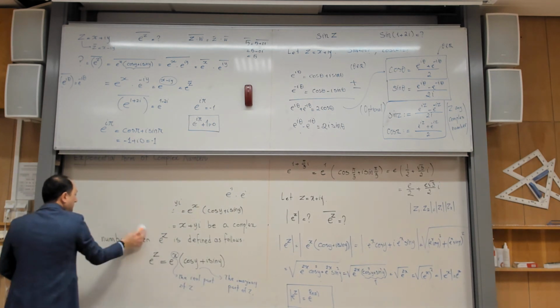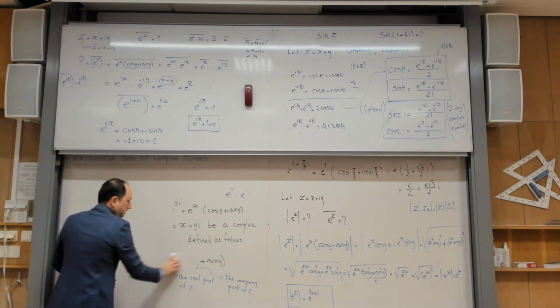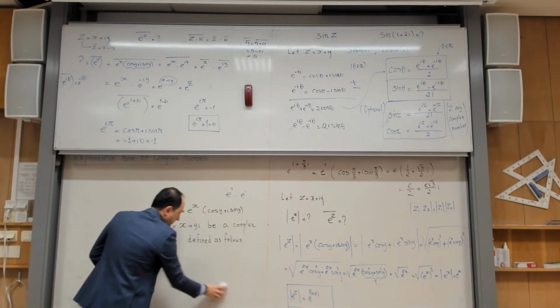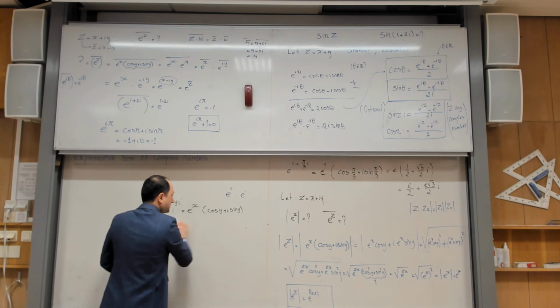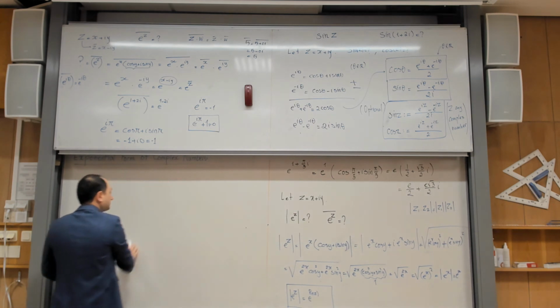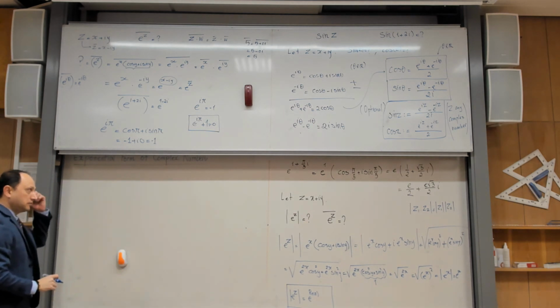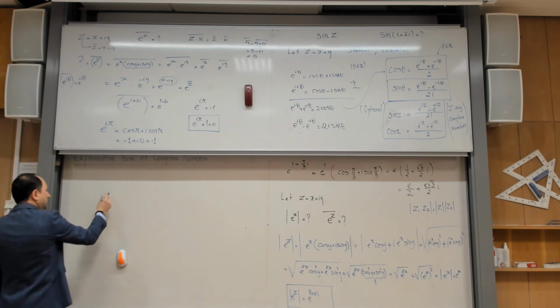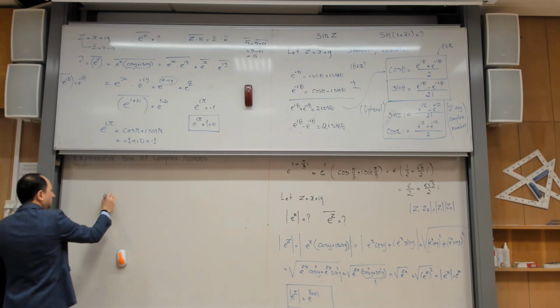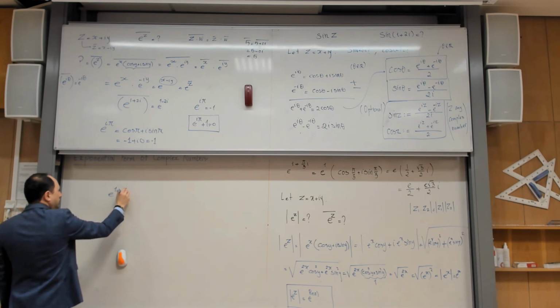For example, for exponential functions, let me just first talk about the exponential functions. For example, let me calculate e to the power of 1 plus pi i for you.